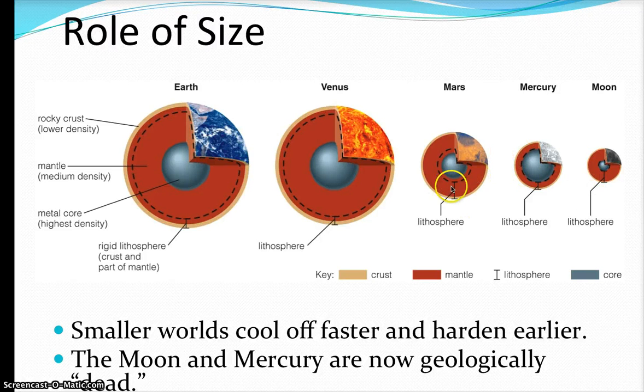So notice that Mars, Mercury, and the Moon have very thick lithospheres, which means that these planets are basically geologically dead, while Venus and Earth, while they have lithospheres, they're relatively thin, and as we know, these planets are still geologically active.